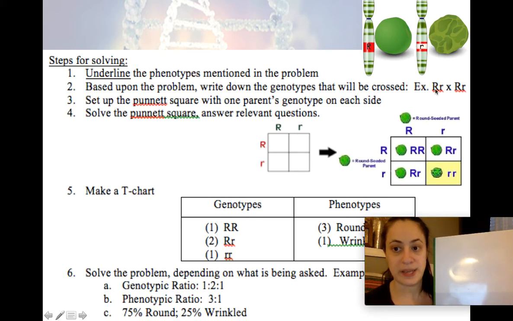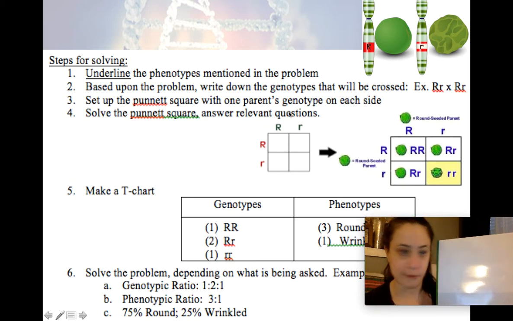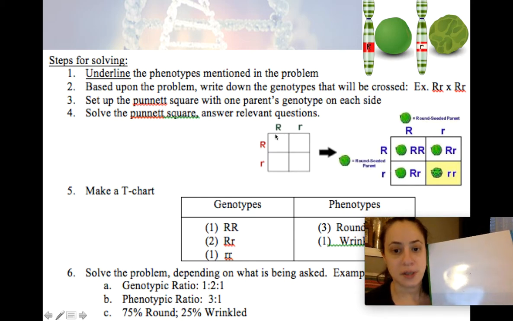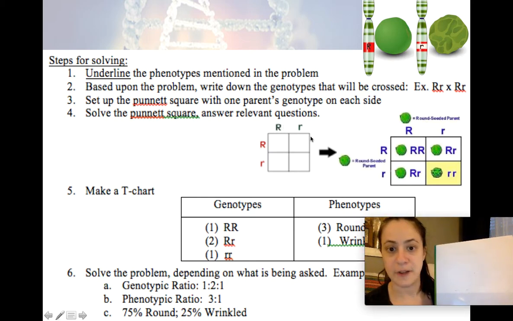For example, here we have heterozygous round and heterozygous round. Number 3, set up the Punnett square with one parent's genotype on each side, and then answer the relevant questions. So here we set up the heterozygous round, capital R and lowercase r, here. And then here we filled out the Punnett square.